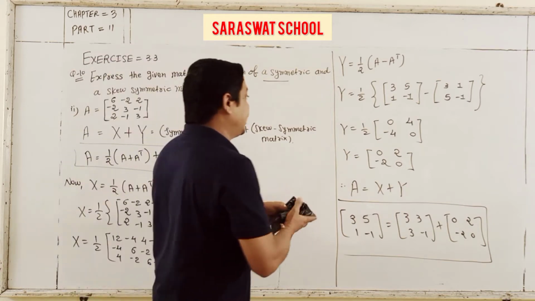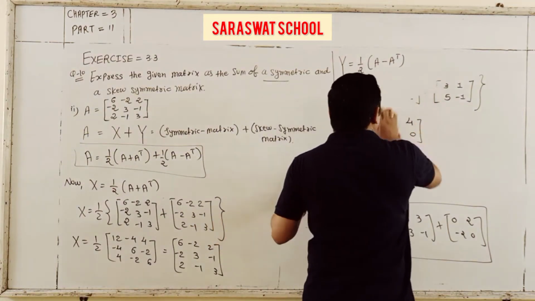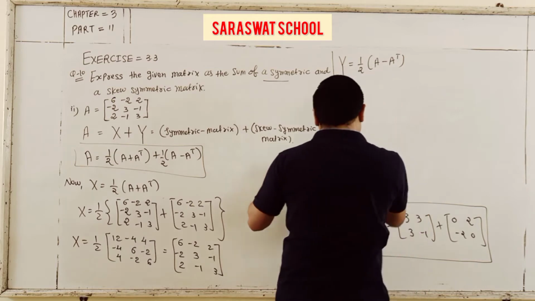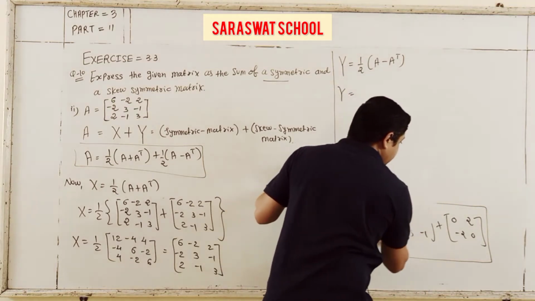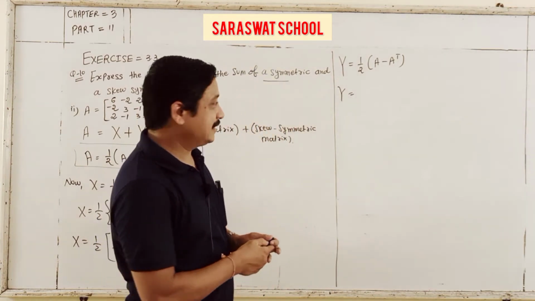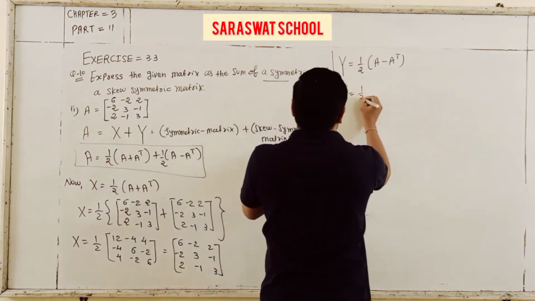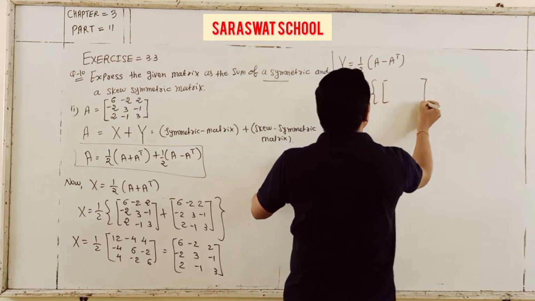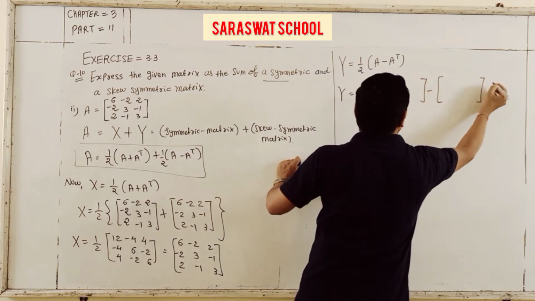Now going to the second. Y is equal to half of A minus A transpose. That becomes our skew symmetric part. So half, it will be A matrix minus A transpose matrix.